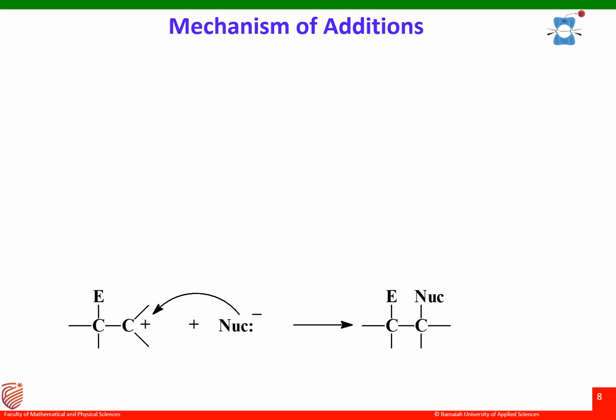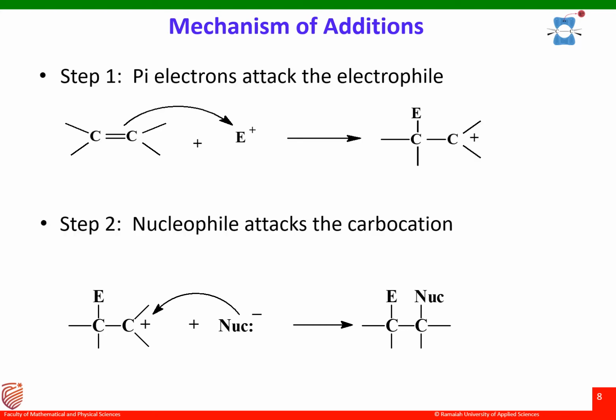Mechanism of addition, if we see, then the first step is the pi electrons attack the electrophile. So the pi electrons share their electrons with the electrophile and lead to the formation of an intermediate, which is a carbocation intermediate. I'll say what a carbocation is and what the stability of carbocations is in a couple of minutes.